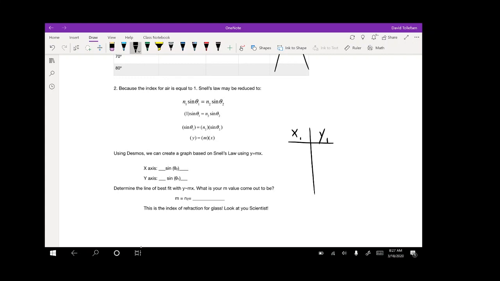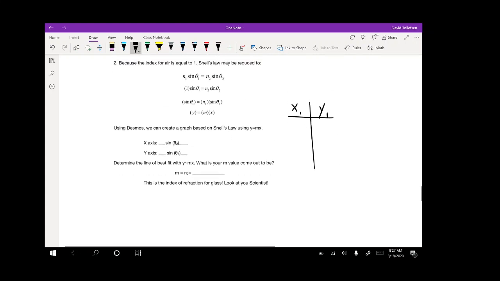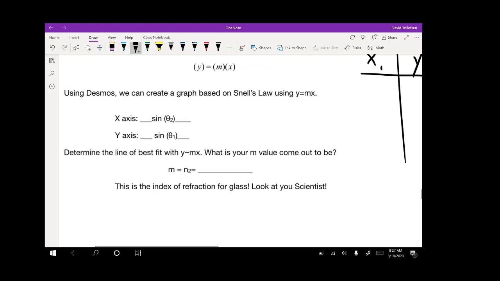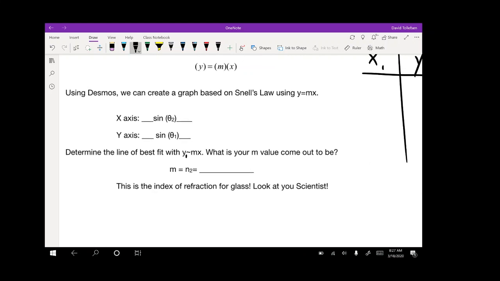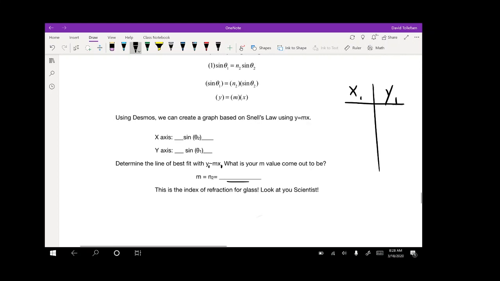Plug all those in, and then remember to fit a best line, you need y. It'll probably be y1 tilde proportional to mx1. And whatever m comes out, that's going to be n2, and that will be your index of refraction for class.